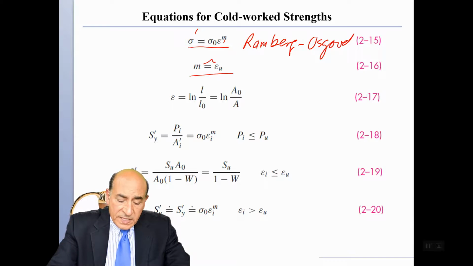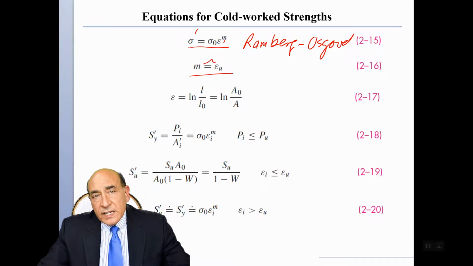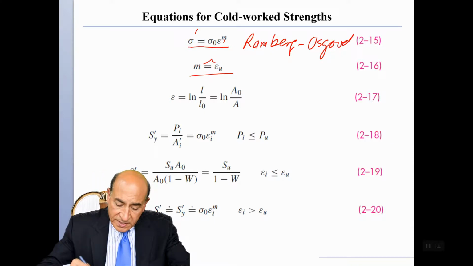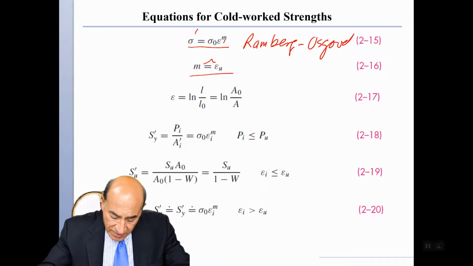M is approximately equal to the ultimate strain of the material. This relationship is empirical, and we will use it once we know the ultimate strain of the material. Sigma 0 is the strength coefficient. So let's write it down here.